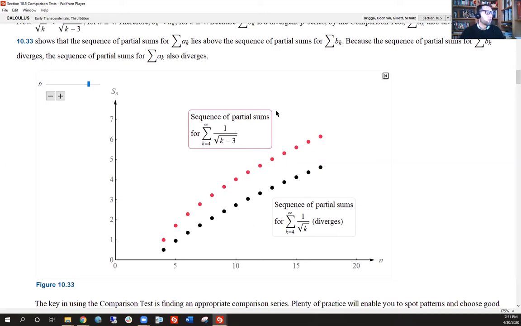And so the unknown red series here must diverge because the thing below it is going to infinity. So I just have these nice, simple animations built right in. You don't have to dig anywhere for them. The ones in this particular section are pretty straightforward, and they vary pretty dramatically from section to section of what's there.